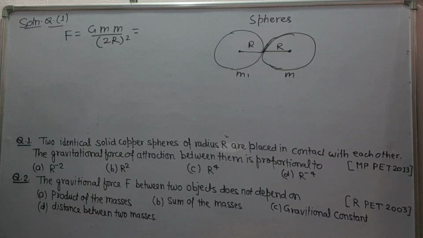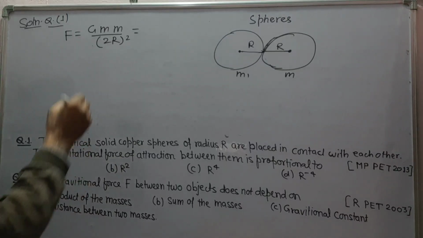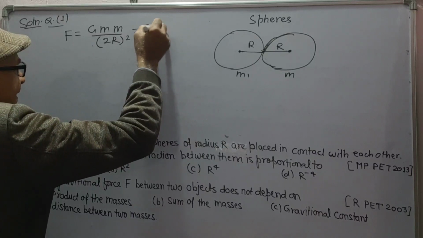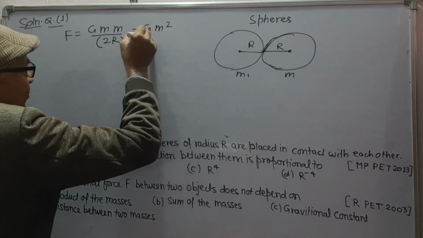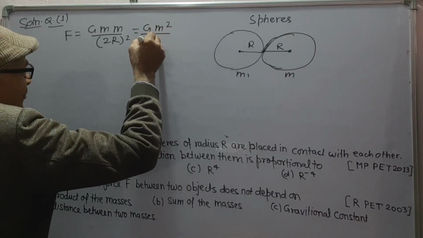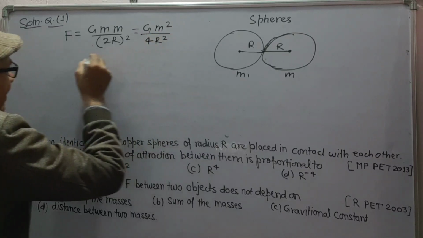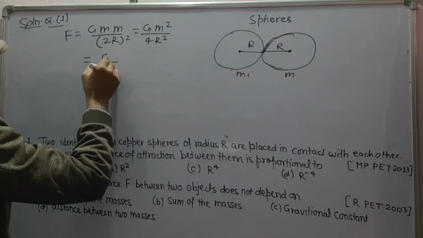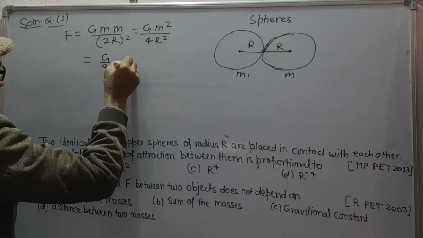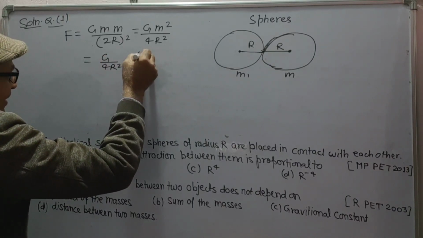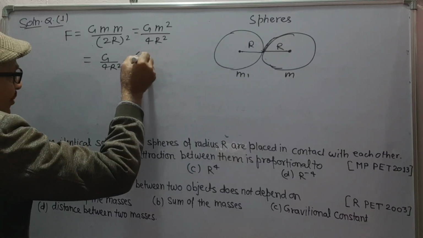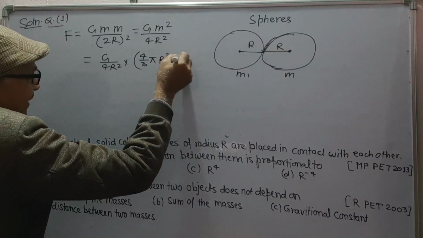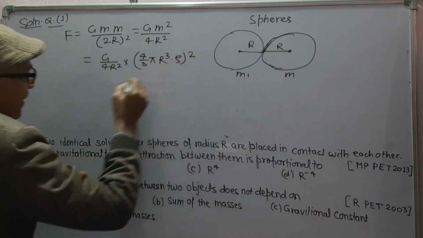If rho is the density of copper, then it can be written as G m square upon 4 r square, which can be rewritten as G upon 4 r square into mass is equal to volume into density. So, volume of a sphere is 4 by 3 pi r cube into density, whole square.